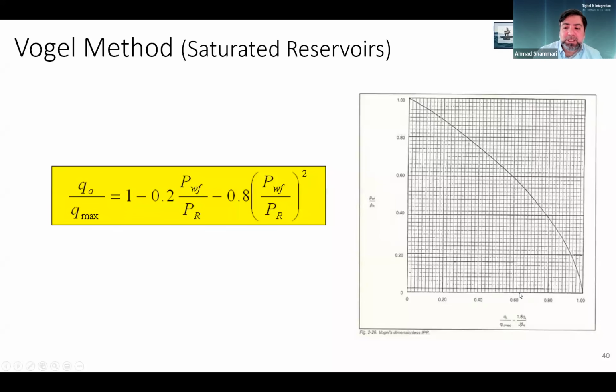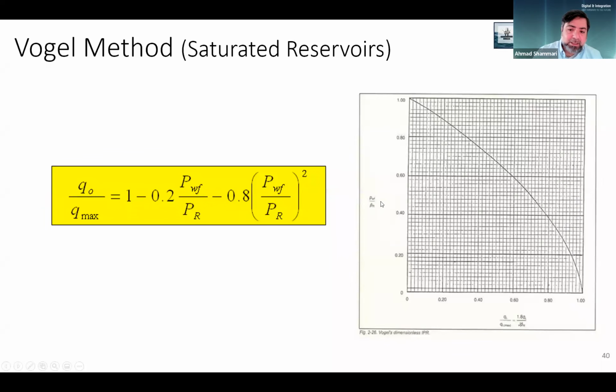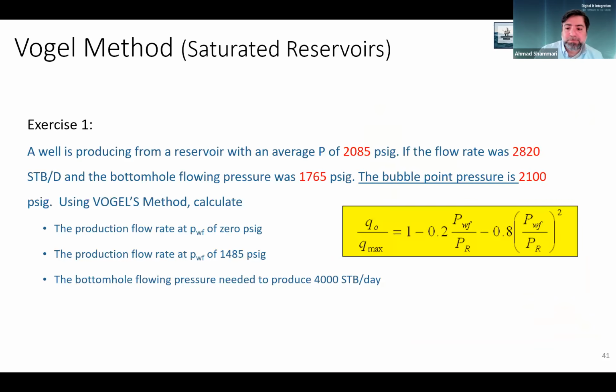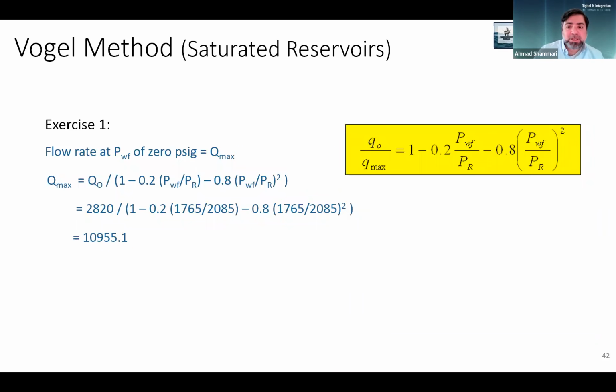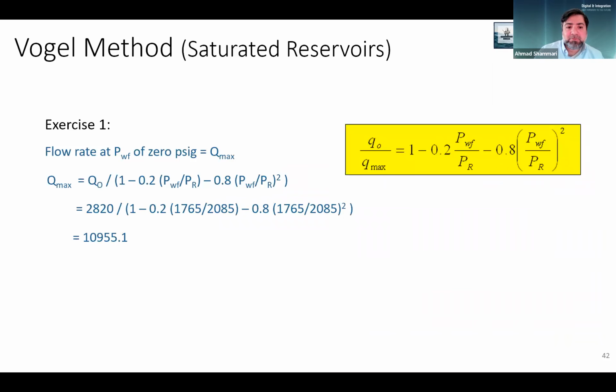So I go to this term here, and then I go to the top, and then I go directly here, and then from PR I find PWF. That's also correct. But I prefer now to go to the IPR and then directly do it using the IPR. But good answer, Mohammed Mansour. Good. So this is the Vogel method. And now we have done the first exercise.